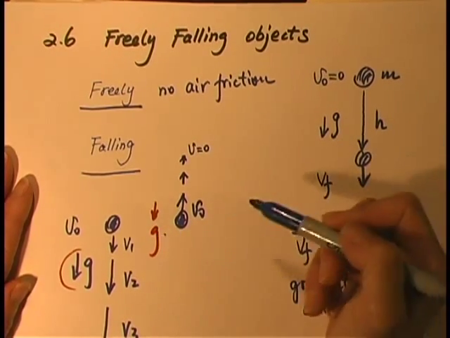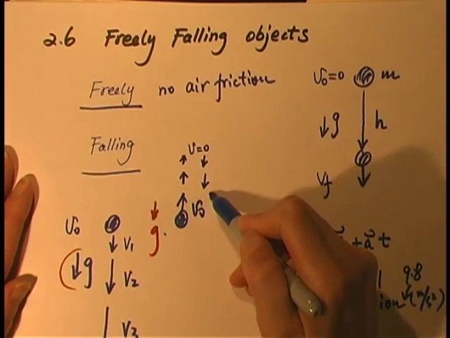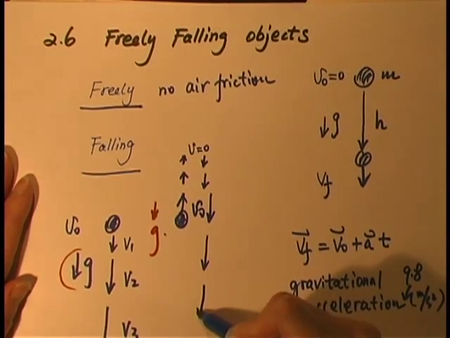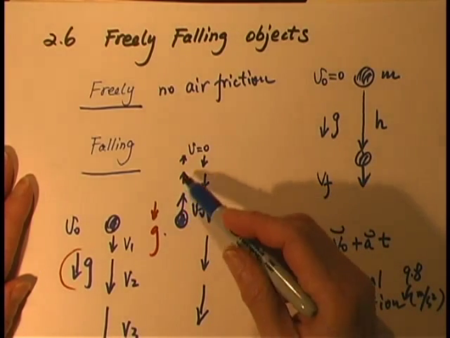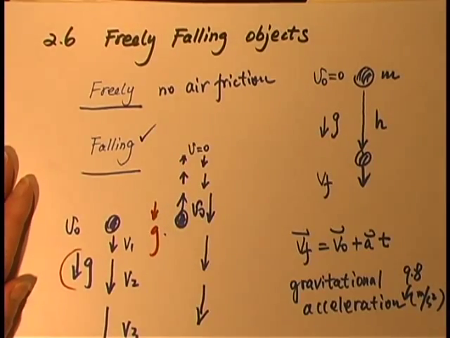The g is still there, so the object will start to accelerate downward, and the arrow will get longer and longer. So during the whole process, even when the stone goes up and comes back, it is falling all the time because g is always downward. It is always there.